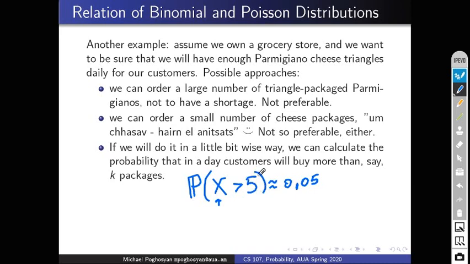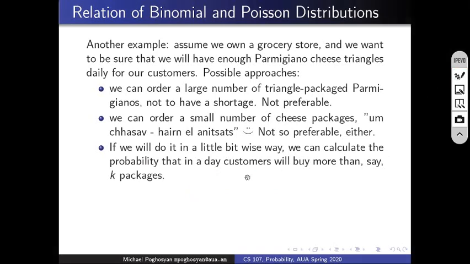We can order 4 cheese pieces and that will be enough for us. We have some small probability that the number will be large, but that's okay. This is our risk and we can take that risk. So this is the approach.